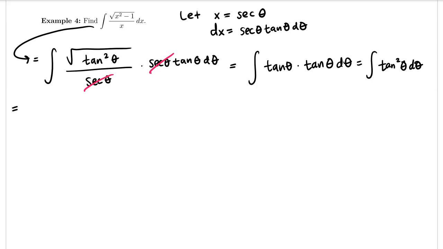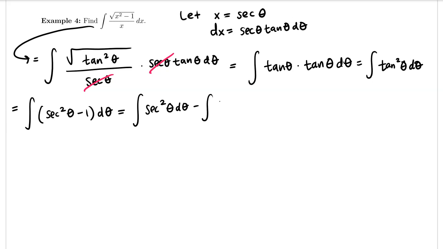Now, using one of the forms of our Pythagorean identity, I know that tangent squared theta is equivalent to secant squared theta minus 1 d theta, and I can split that up into two different integrals. The antiderivative of secant squared is tangent of theta, and then we get minus theta plus our constant of integration.